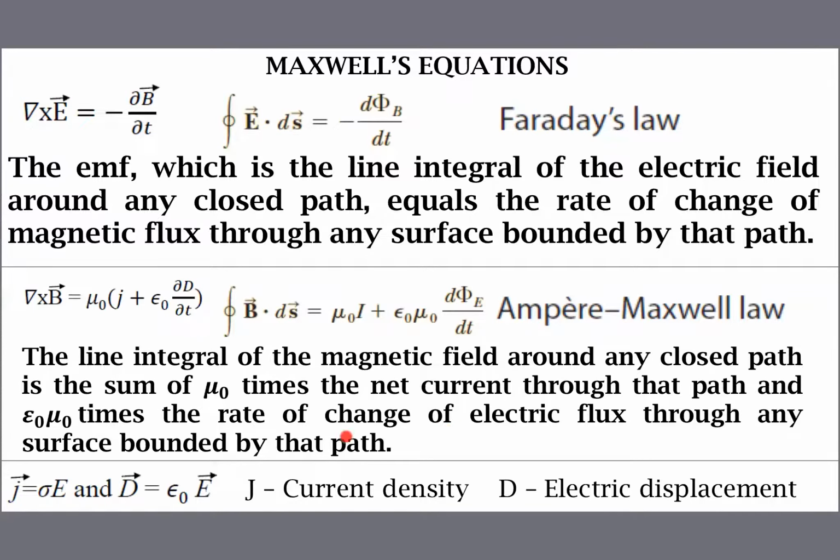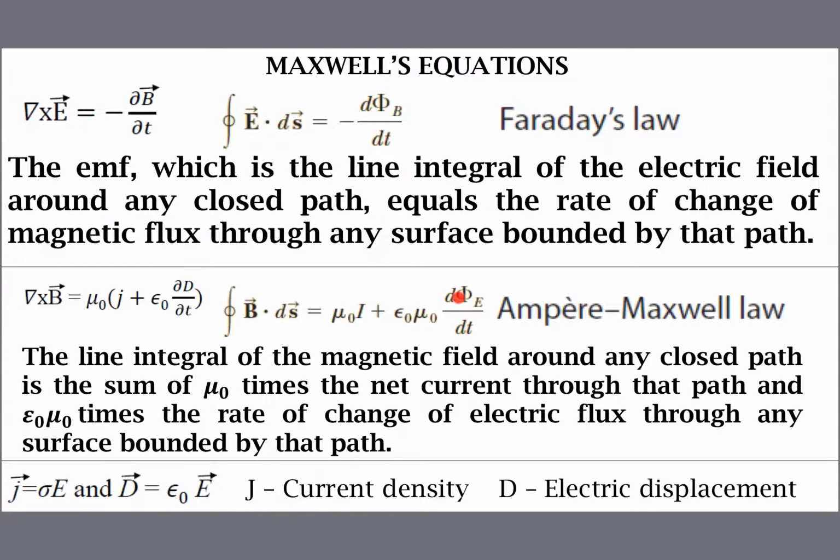So it describes the creation of a magnetic field by changing electric field and by electric current. So we have a changing electric field. Phi subscript E is electric flux. The dt tells us that the electric flux is changing with time.